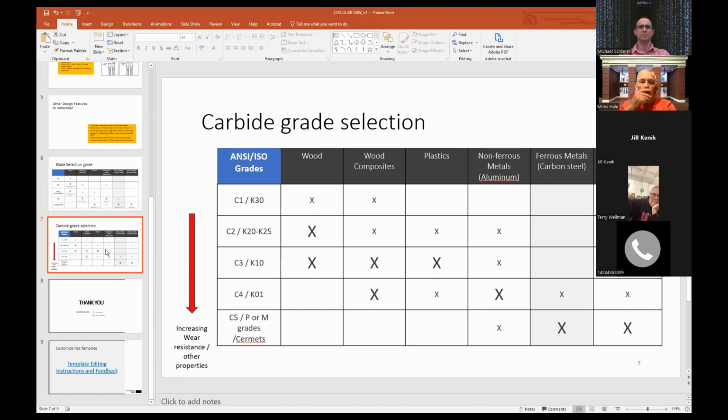And then really C3 grades, that's sort of a K10, and they're really versatile. They're really good for wood composites, plastics, and to a certain degree for non-ferrous metals as well. Really, those are the grades you'll see for your kind of mid-level saw blades that are out there. So a number of different brands exist there.